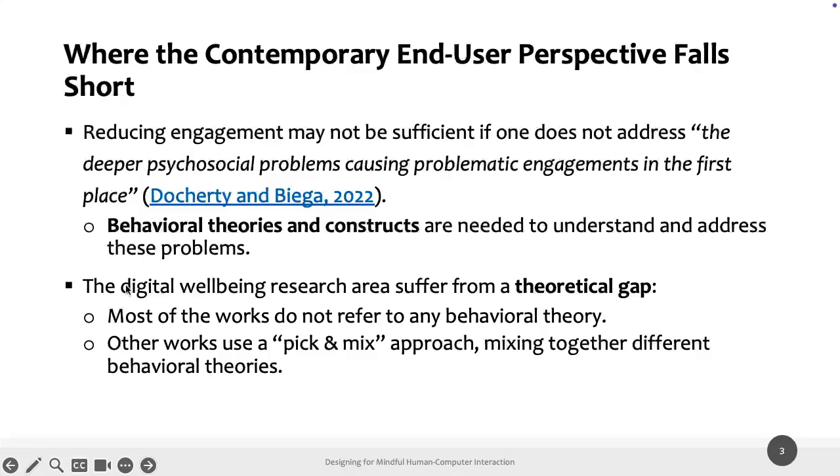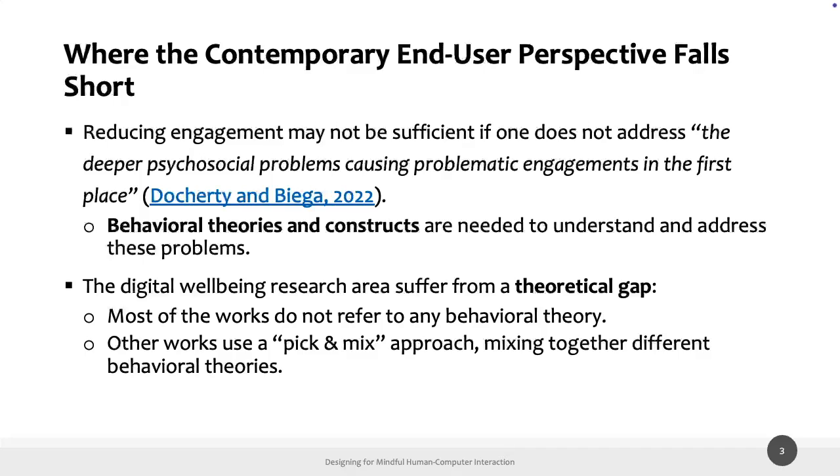But unfortunately, one of the gaps of the digital well-being research, at least right now, is that this domain suffers from a theoretical gap. So most of the works, especially the works related to digital self-control, do not refer to any behavioral theory, and other works use a pick and mix approach, mixing together different theories, but then it's difficult to understand what is the real contributor.